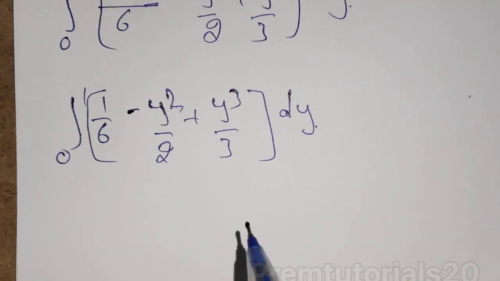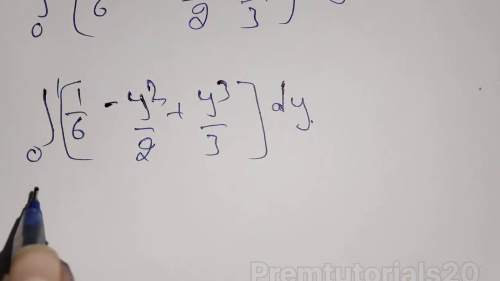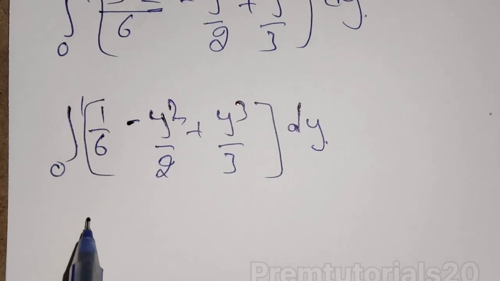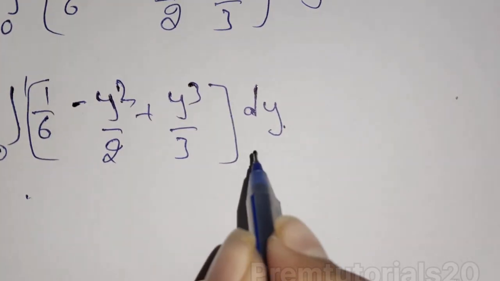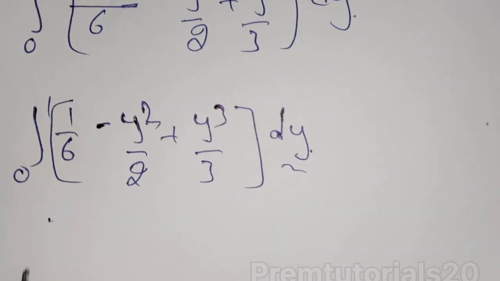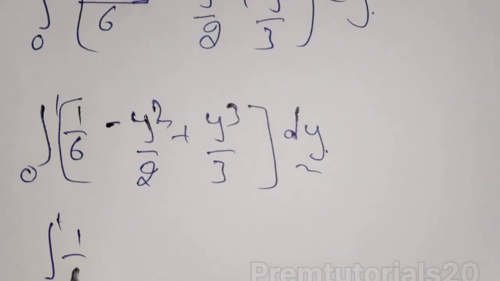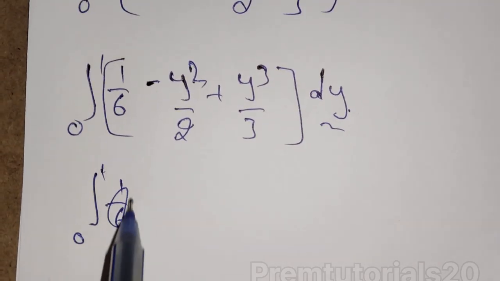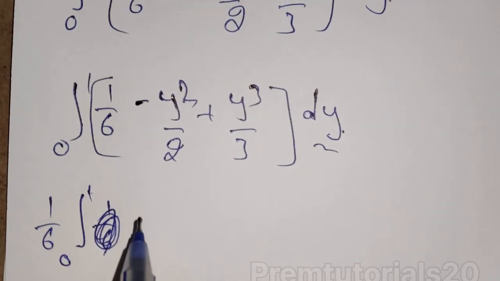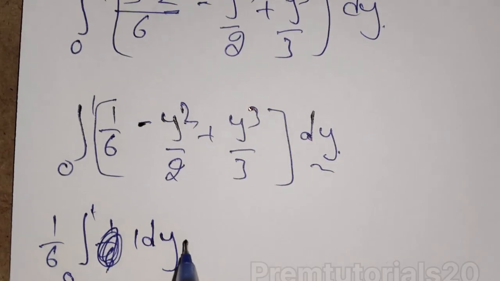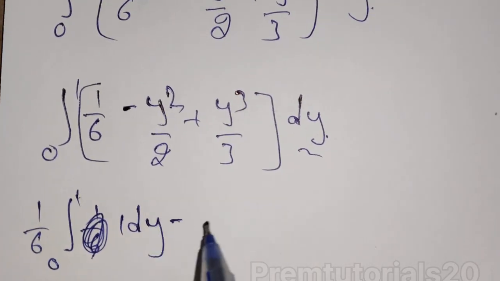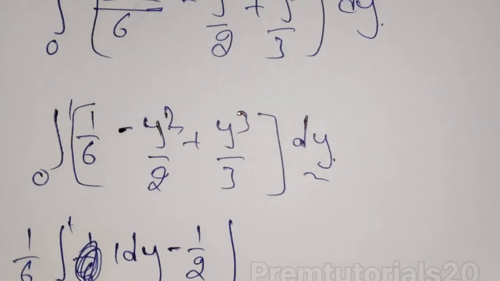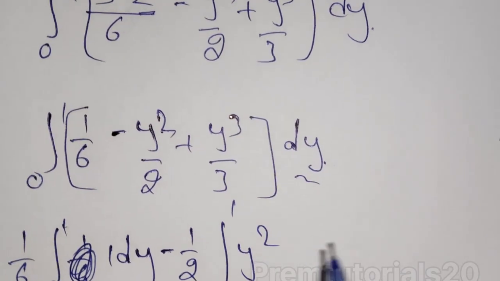Now the solution will become the last one. We are going to separate each term with respect to dy. What we get? Integral 0 to 1, 1 by 6 as a constant written outside, 1 dy, and minus 1 by 2 written outside, with respect to y square.